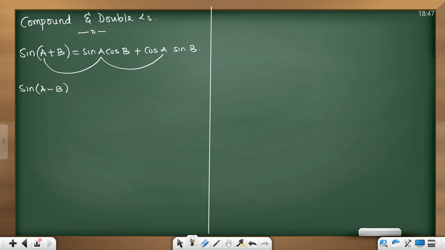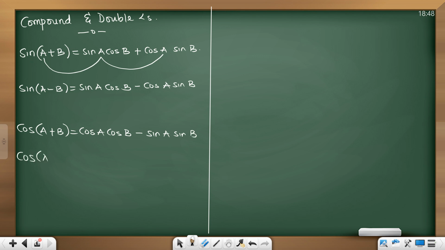Sine (A − B) is sine A cos B minus cos A sine B. The formulas are there on the formula page. Then cos (A + B) is cos A cos B minus sine A sine B. Please take note, the sign is different here.